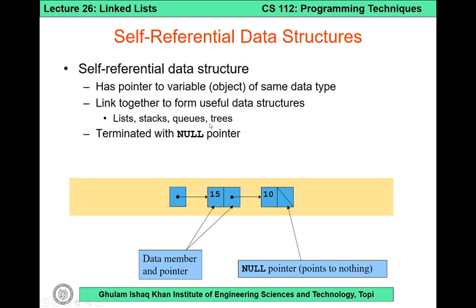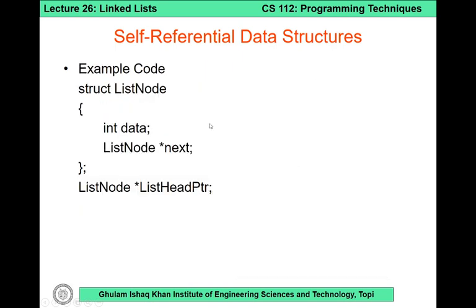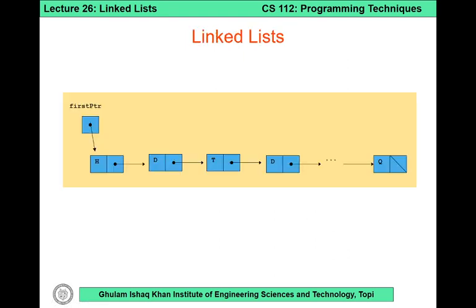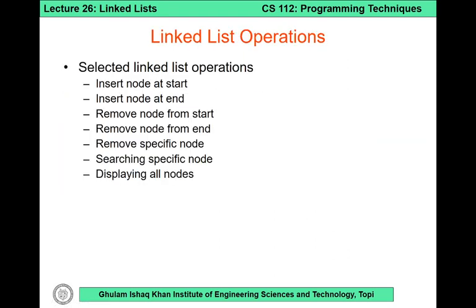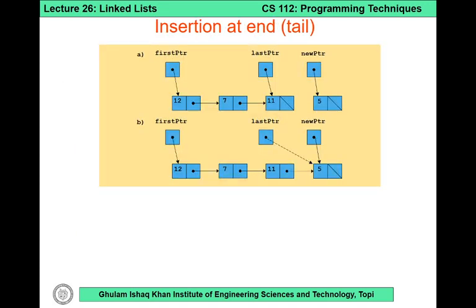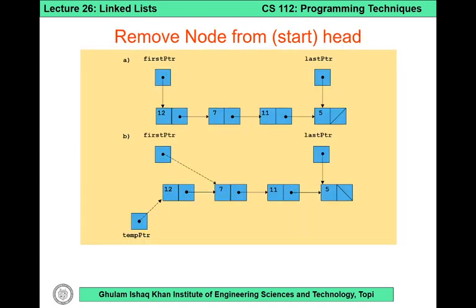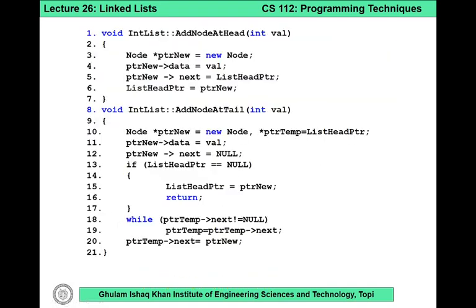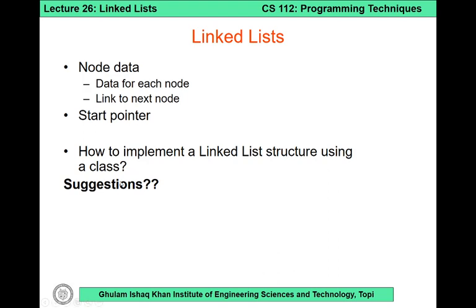These slides are already uploaded at the CMS, Campus Management System, from where you can download. So I'm not going into the detail of each and every component. Instead I am going to the crux of the matter. For example, these simulations we covered in the last lecture already. So let us go to the implementation directly.